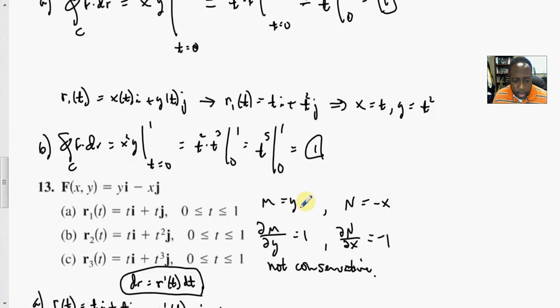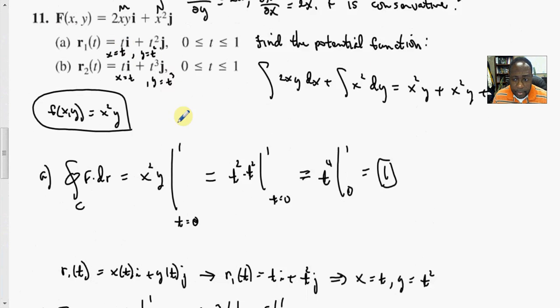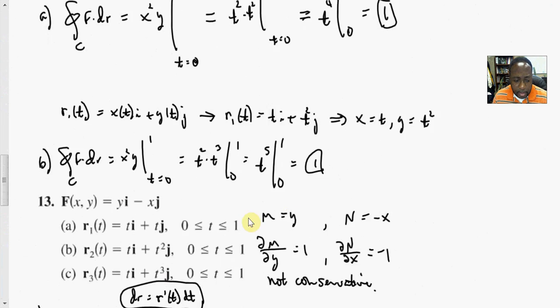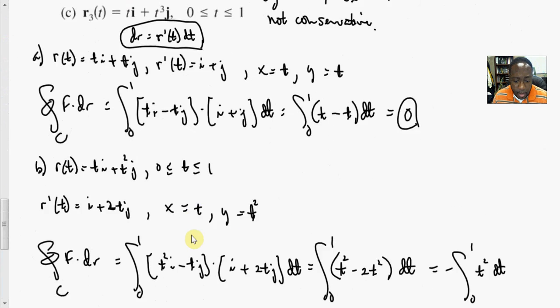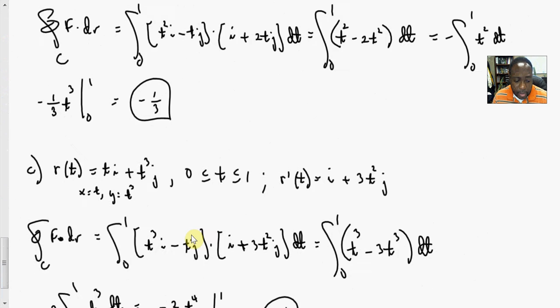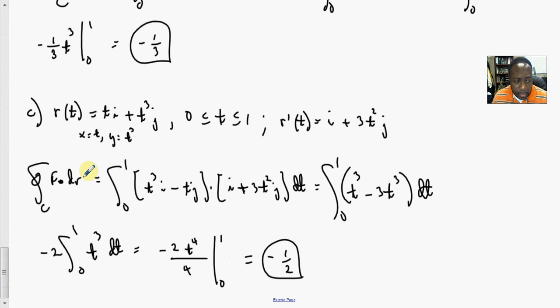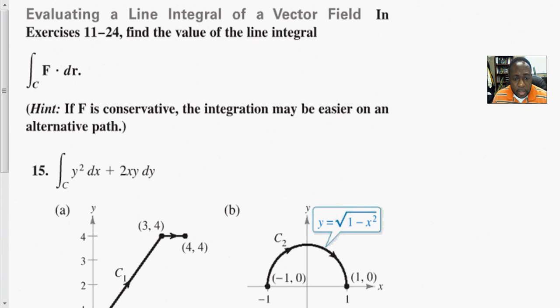Look at number 13. Number 11, f is conservative, quick to get that. Number 13, f was not conservative. So it took us a longer time because you had to actually work out the line integrals for parts A, B, and C. Well, let's look at this problem.